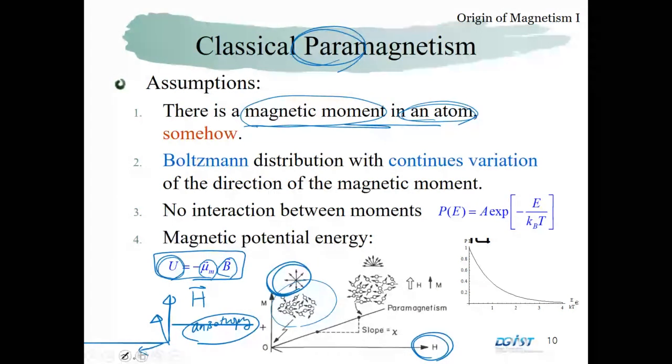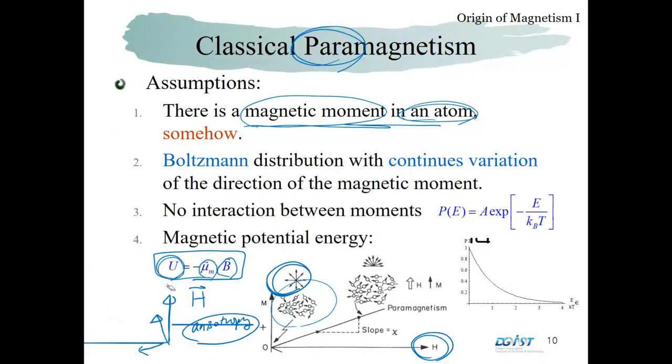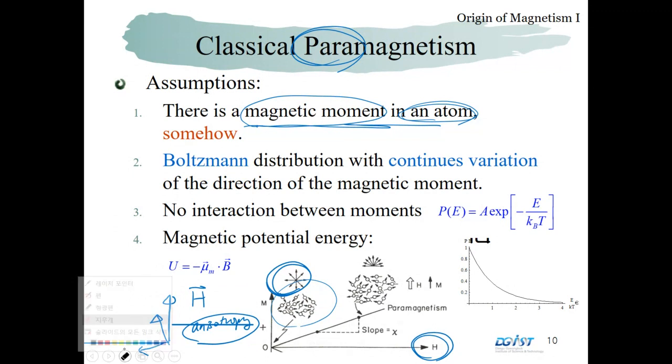So this simplification implies that the magnetic moment has a small energy when it is parallel to the magnetic field. So this magnetic moment has a lower energy than this one. So they start to align to the direction of the magnetic field.